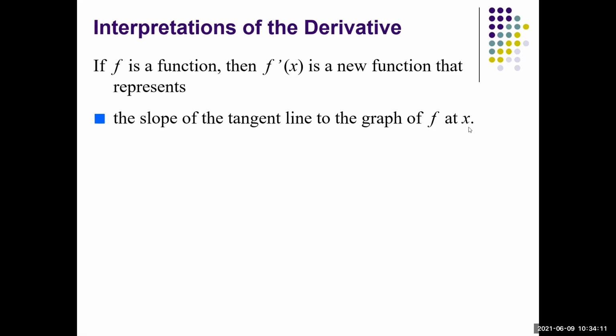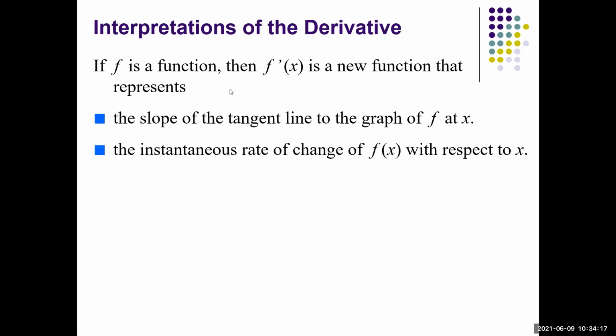Okay, it's, again, the slope of the tangent line, we define it in terms of x, so it is the slope of the tangent line. Two, in general, that represents the instantaneous rate of change of f of x with respect to x.